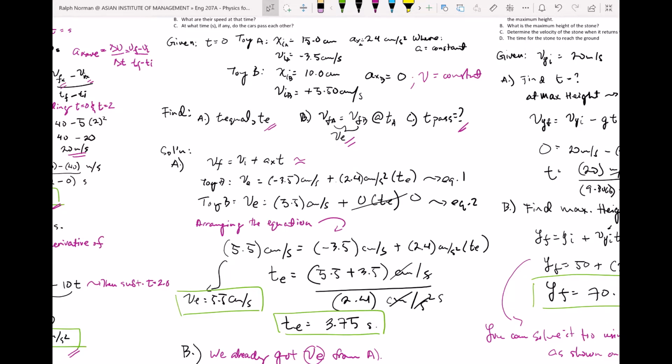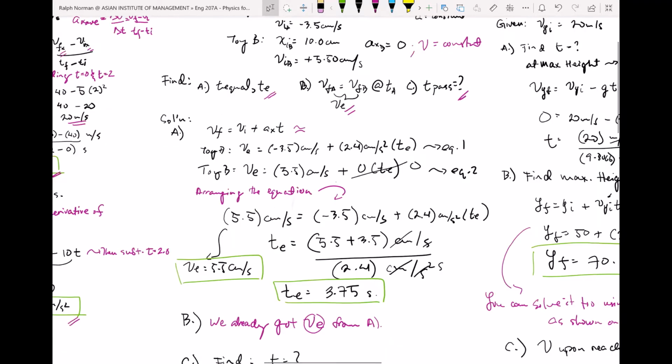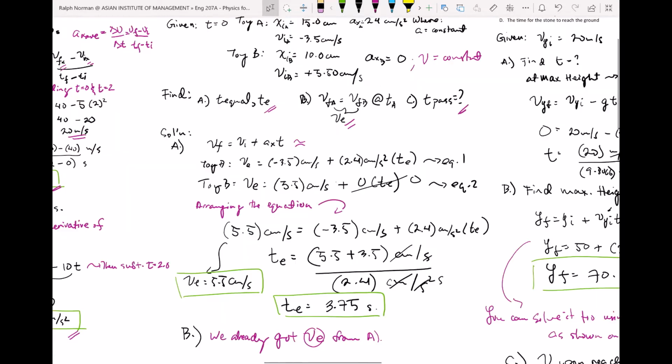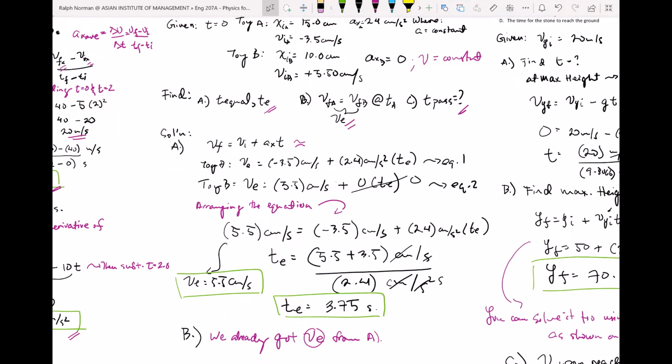But in this case, our constant acceleration here is 0, and that'll be equation 2. In fact, we already got the V, but we can test that later. So we arrange the equation to find T, and then we will get t equal to 3.75 seconds.